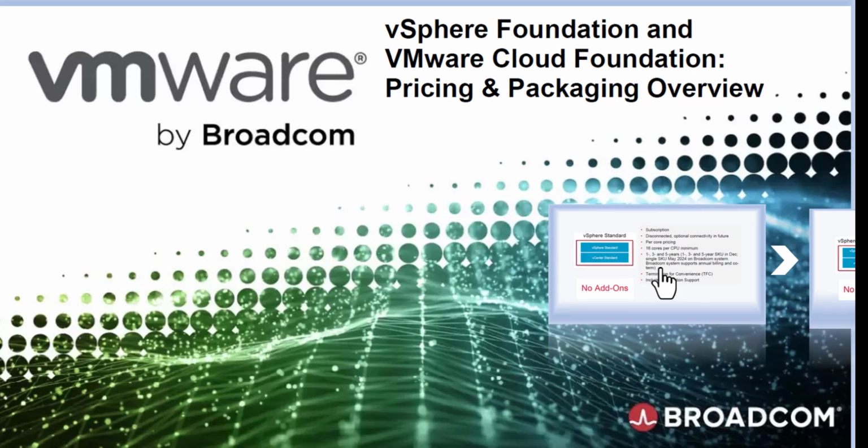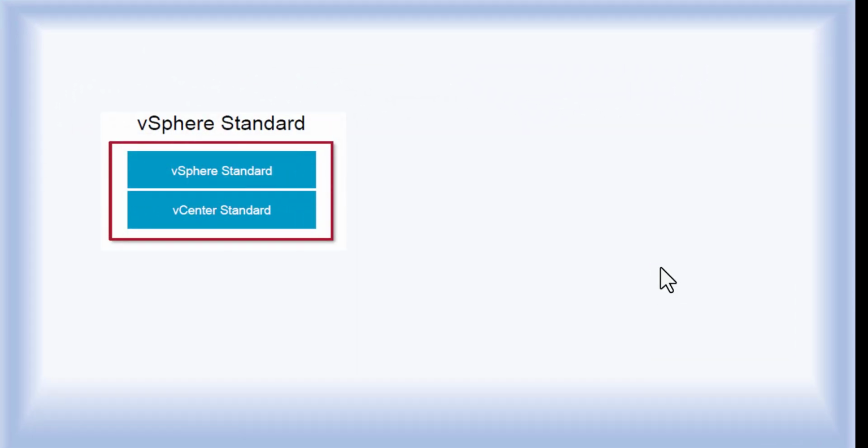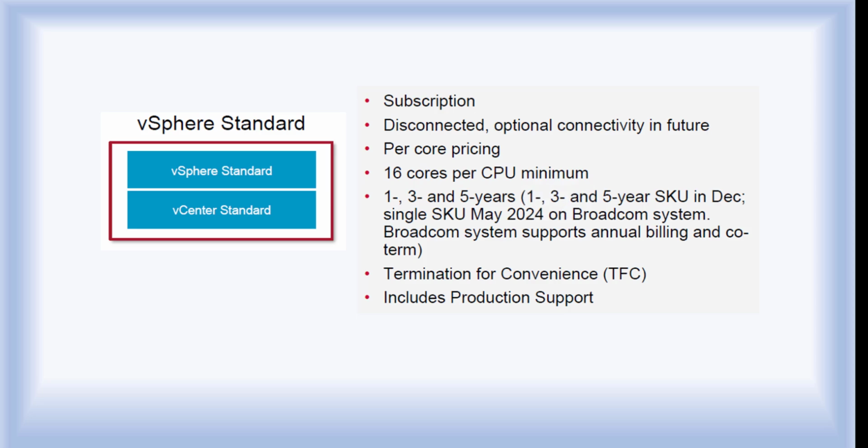So I start with VMware vSphere Essential and VMware vSphere Standard. In VMware vSphere Standard, as you can see on the left side, it means we have ESXi, and also we have vCenter Standard there.